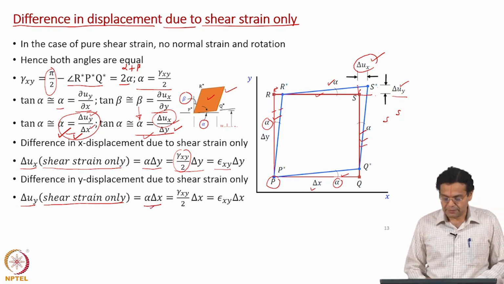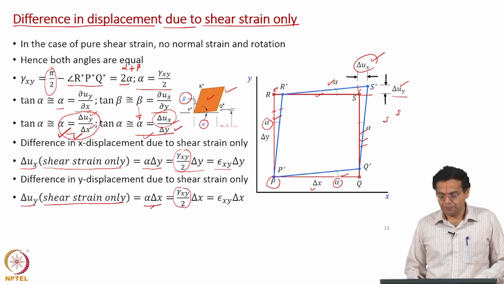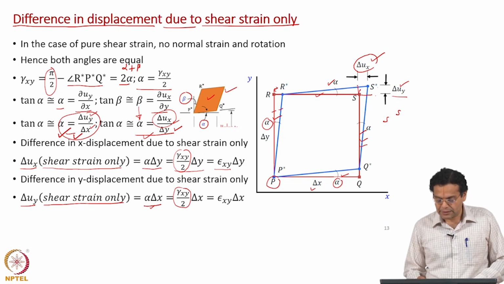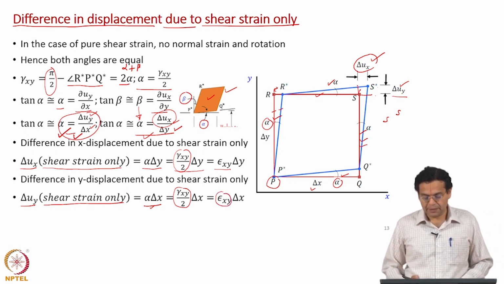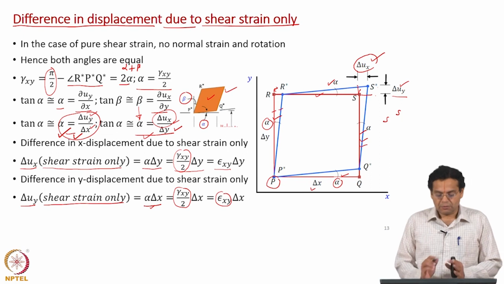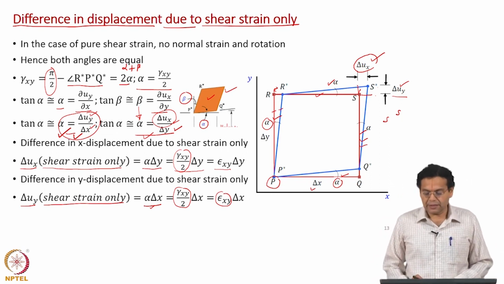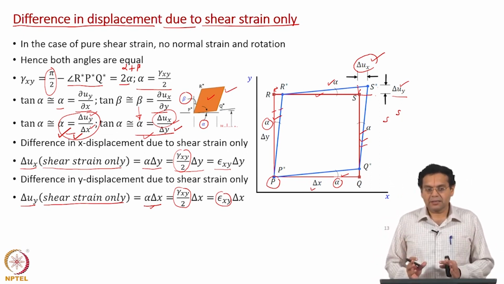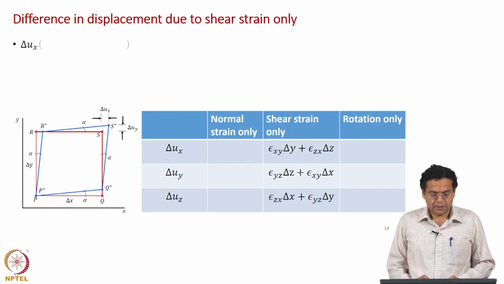As we have done in the previous equation, replace alpha by gamma xy by 2. Gamma xy by 2 has another nomenclature, namely epsilon xy. What to conclude: if there is shear strain, what is the difference in displacement along the x direction and y direction.